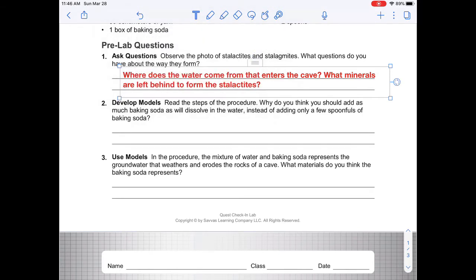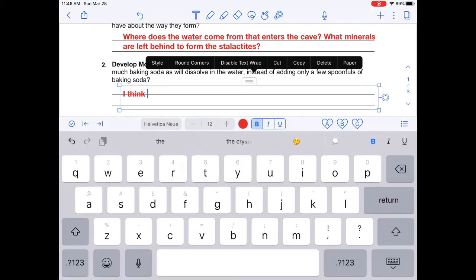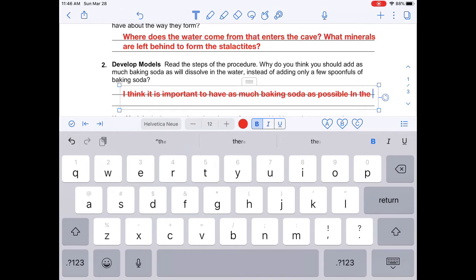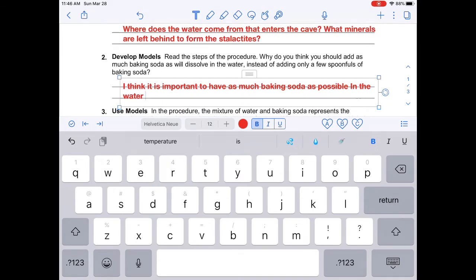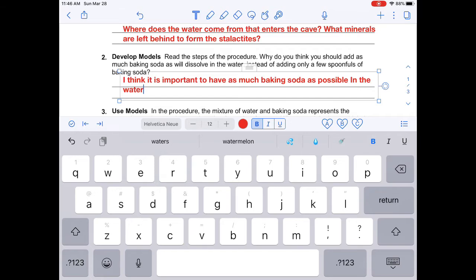Okay, so you might answer this question by saying something like, I think it is important to have as much baking soda as possible in the water because, and then you can finish that sentence.